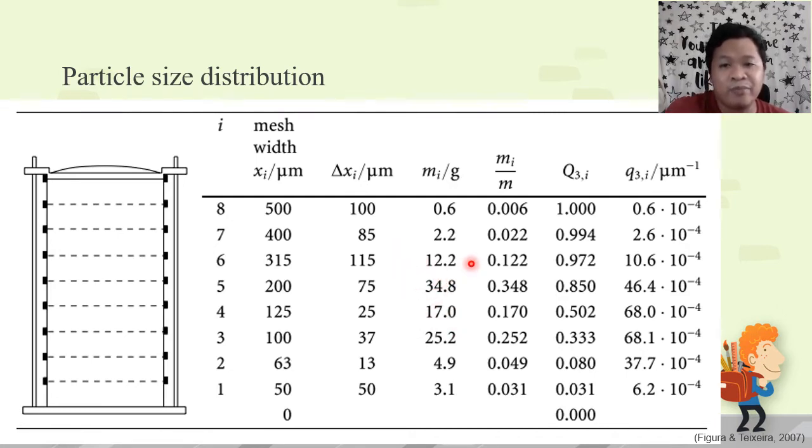And you now have the ratio of mi over the total, so what portion of the 100 grams, or what percent in mass fraction form. So this is 0.6% or 0.006 mass fraction, and so on. So as we can see from these, pinakamarami, no, yung nandito sa sieve number 5.